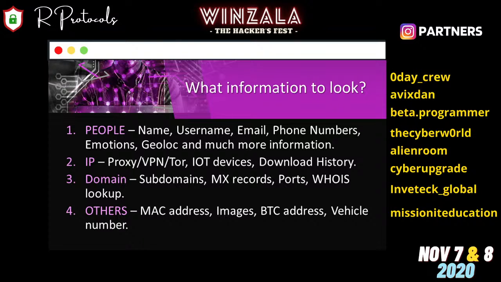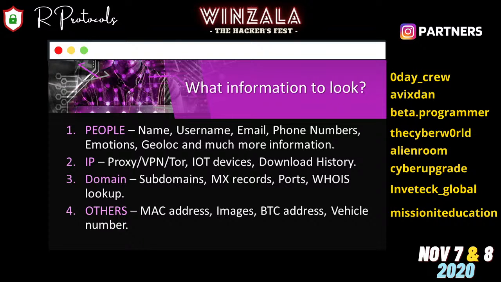Next is a domain. If we take a domain as a target, we can get information like subdomains of that particular main domain, and MX records, which expose the records of the domain, and we can perform port scanning as well as WHOIS lookup. WHOIS lookup is basically to look up the information of that particular domain.